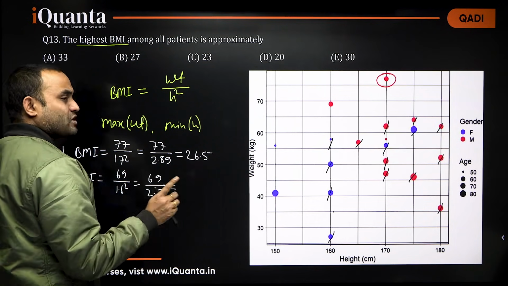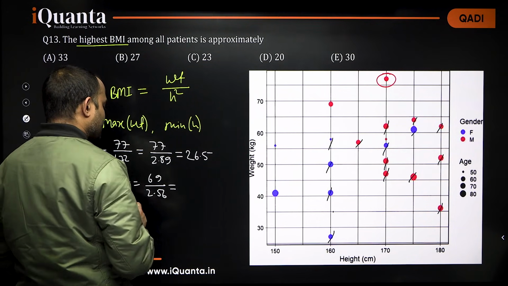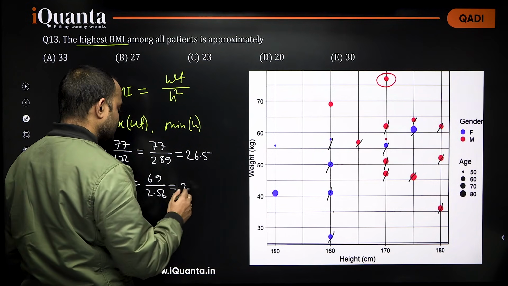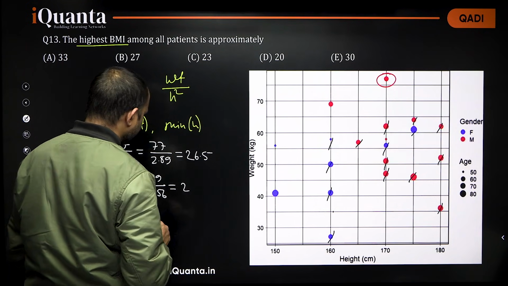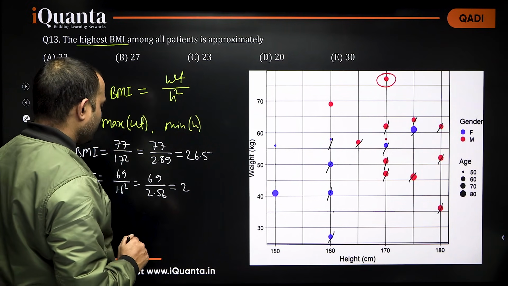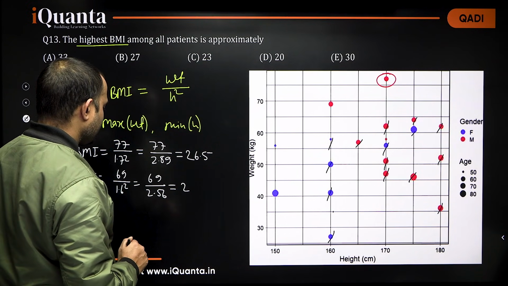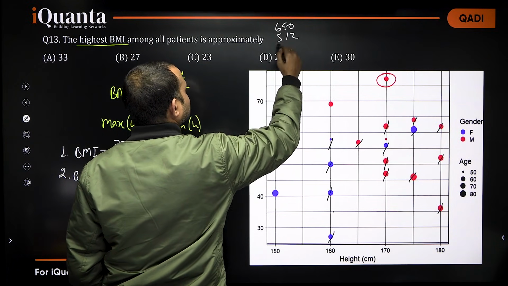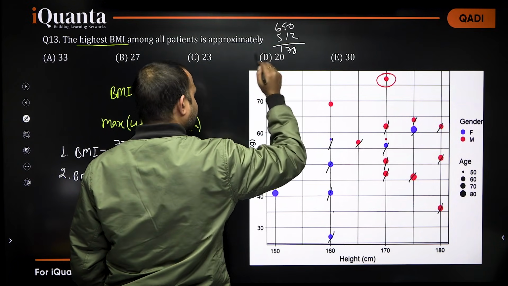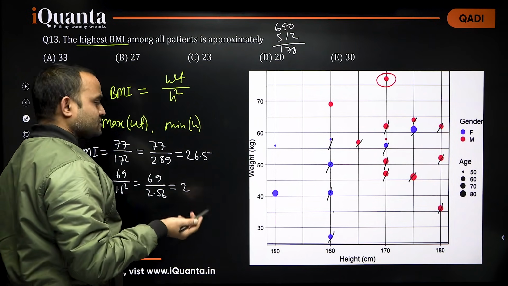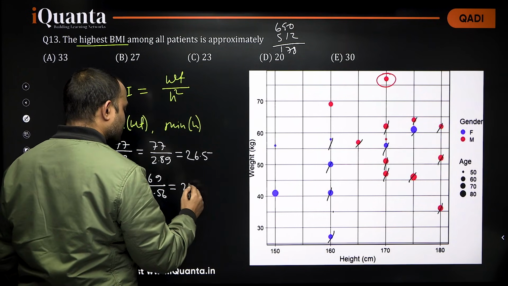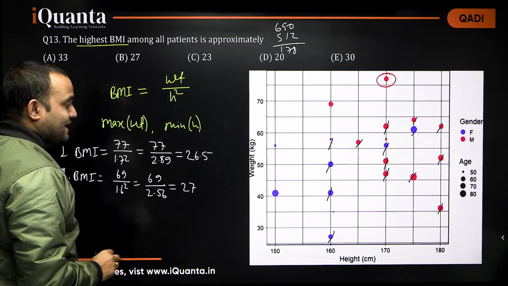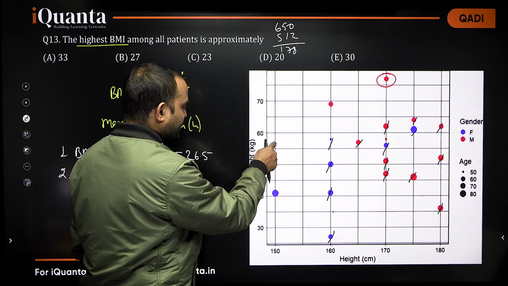If I take this approximately 2.5, then 69 upon 2.56, this will give us 178. 25 into 7 is 175. So this is approximate 27, right?